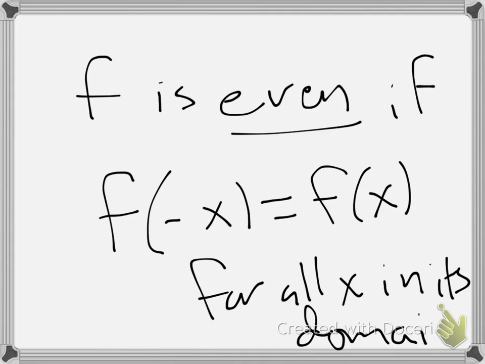So for all x in its domain, if I take f of minus x, that's in the domain as well, and it's the same y value. So it doesn't matter if I put 2 or minus 2, or if I put 3 and minus 3, the y values will be the same. Okay? And so x squared's an example.